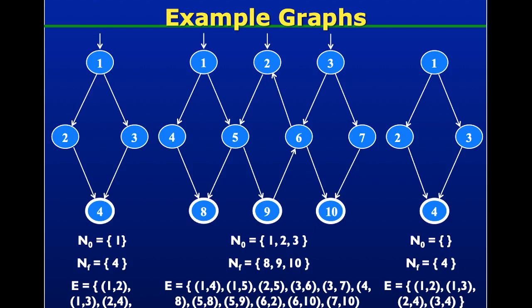Finally, we have graph 3, but it is a special one. It doesn't actually have an initial node, so this graph is considered not valid.